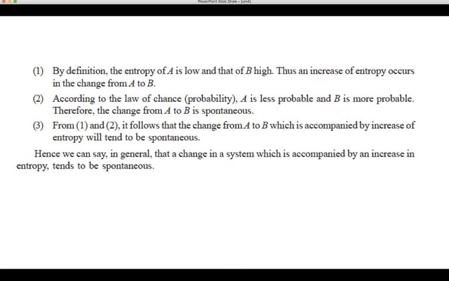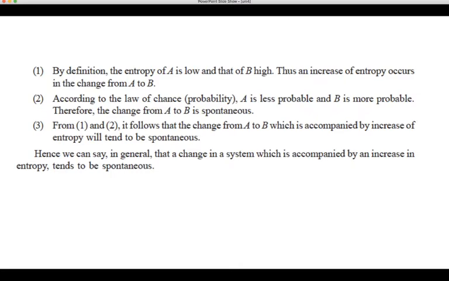The entropy of state A is low compared to the entropy of state B. Thus we can say an increase of entropy occurs in the change from compound A to compound B. According to the law of probability, A is less probable; more organized compounds are fewer, so there is less probability of state A compared to state B. Whenever state A changes to state B, it increases the entropy of the system, and this is known as spontaneity or spontaneous reactions.